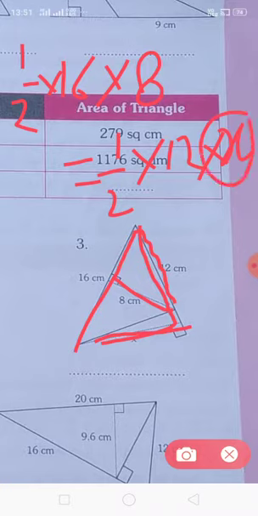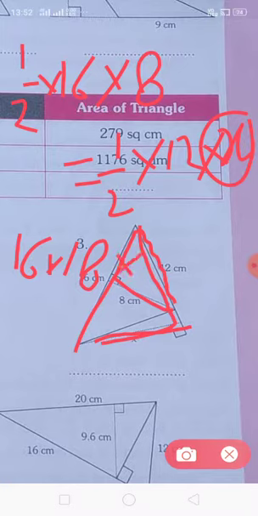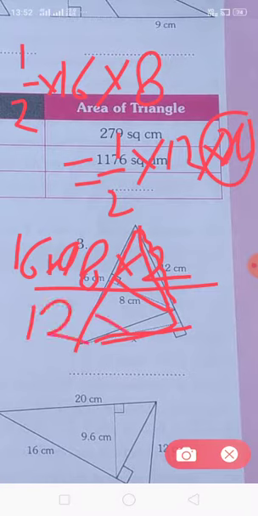So all these numerals we send to the other side. This 2 is a division; we take it to this side and it becomes a multiplication. 16 into 8 here, and 2 divided by 12 and 2, you will get x.